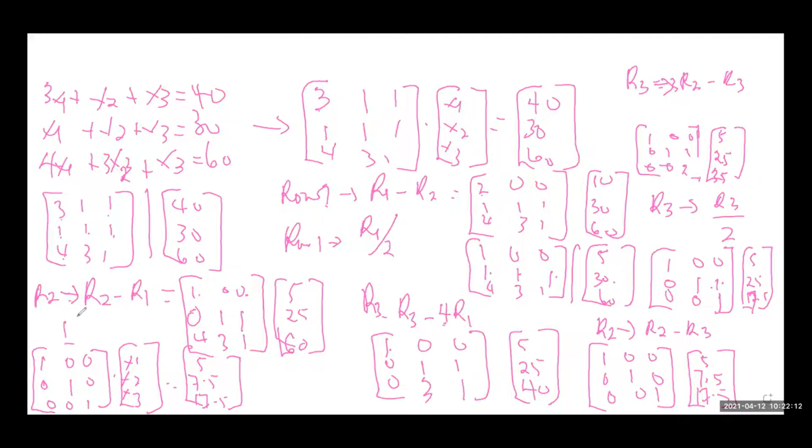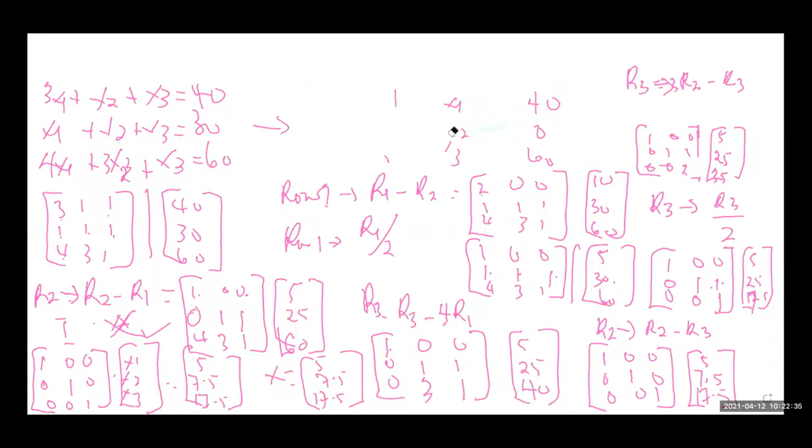We know this is an identity matrix, which multiplied by X should give me X. Therefore, X is equal to 5, 7.5, 17.5.